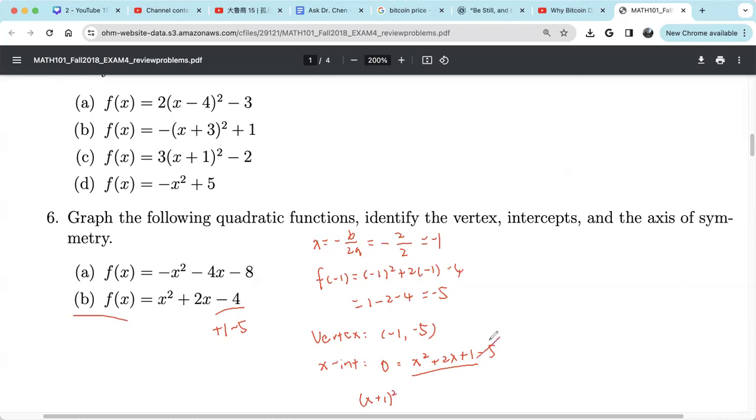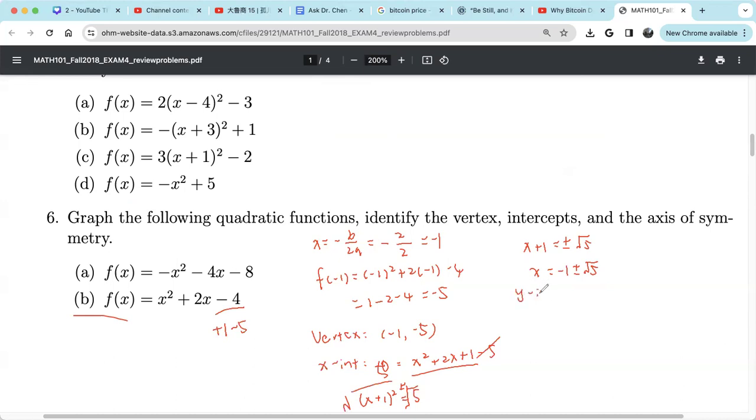Then we move negative 5 to the other side, becoming positive 5, so it equals 5. Then we square root both sides, plus or minus square root 5. So we get x plus 1 equals plus minus square root of 5. So x equals negative 1 plus minus square root of 5. So we have two irrational x-intercepts.